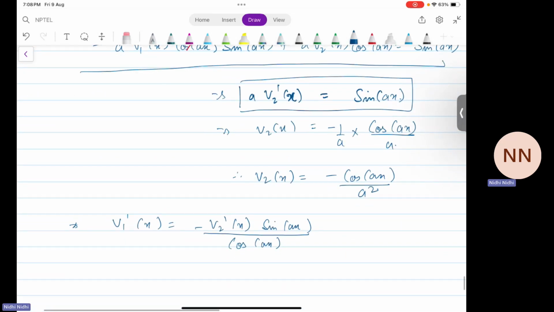Now putting the value of v2 dash(x) from here, we get minus sin square ax by a cos ax.